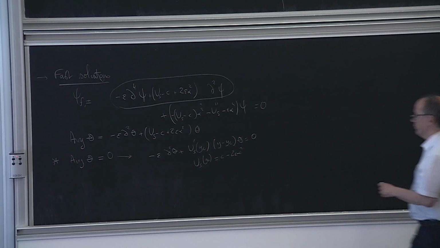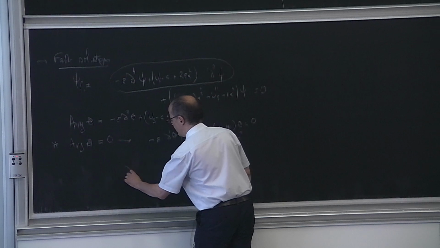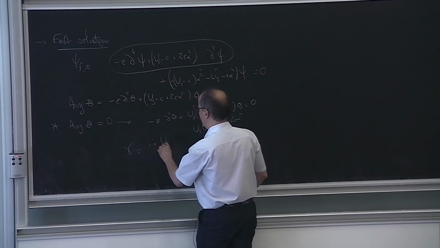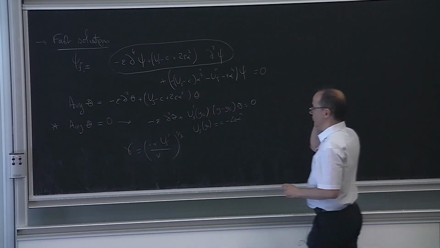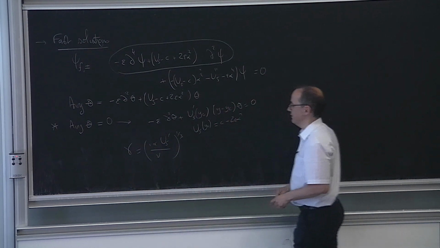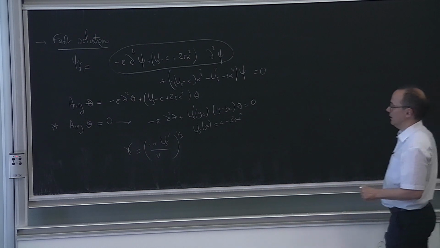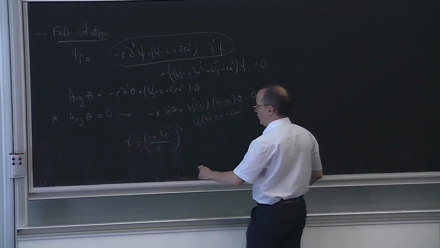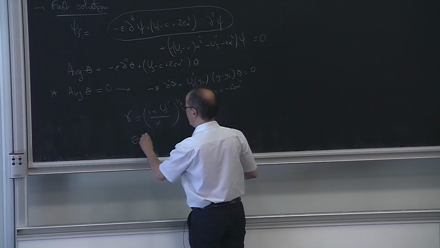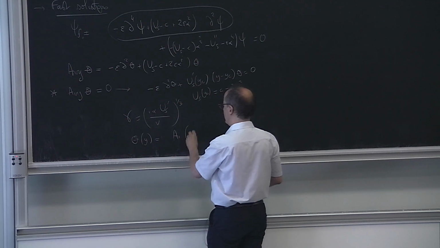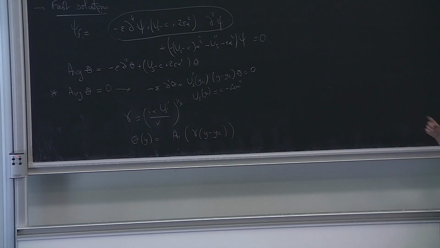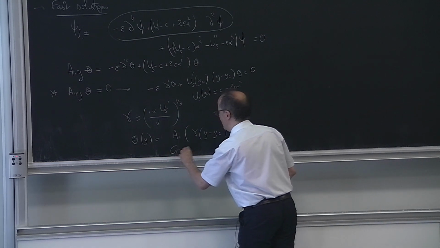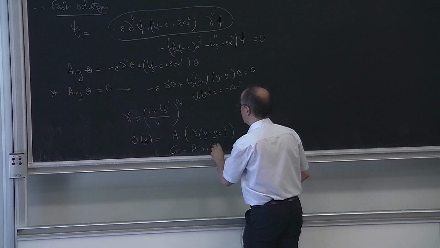So we define gamma to be epsilon alpha us prime over nu to the 1/3, just to get rid of everything which is in front. And then we see that for this equation, we have a solution which is theta of y equal to the Airy function A of gamma times 1 minus yc. And the other solution is C of y, where C equals Ai plus i Bi.